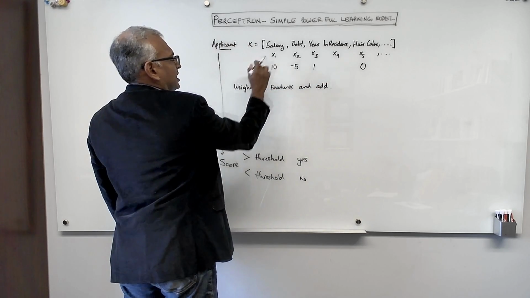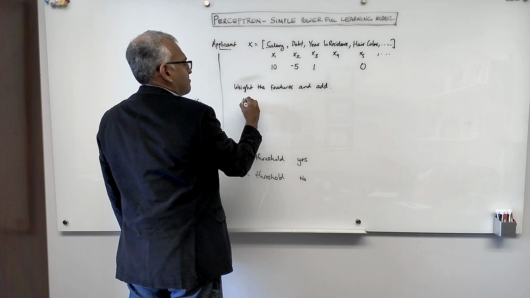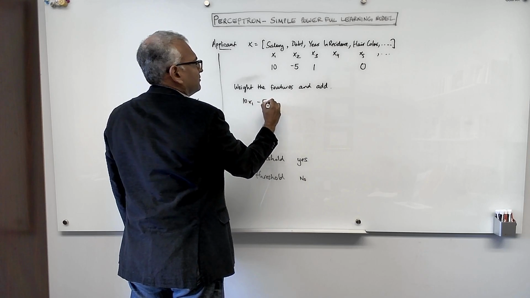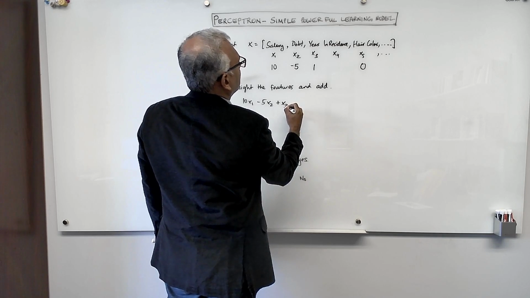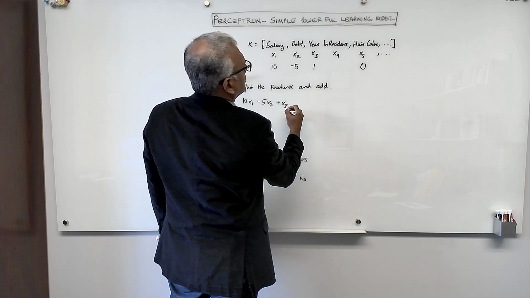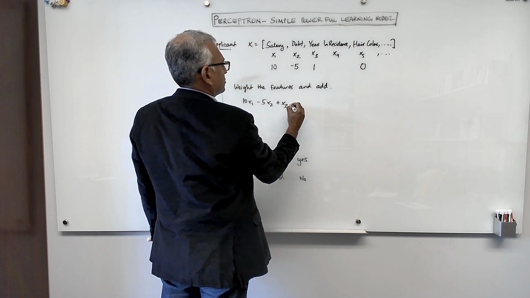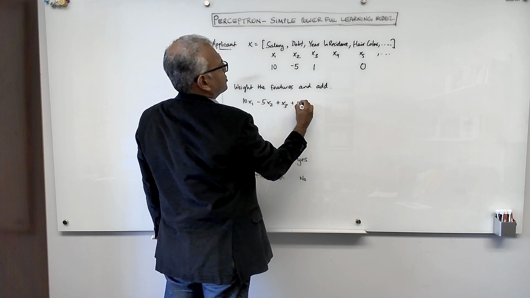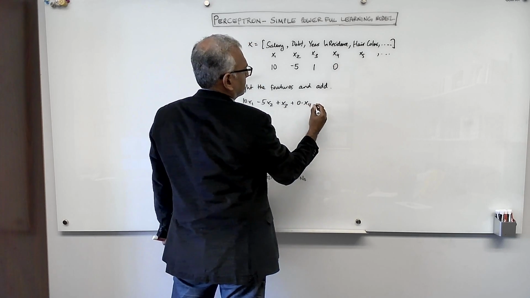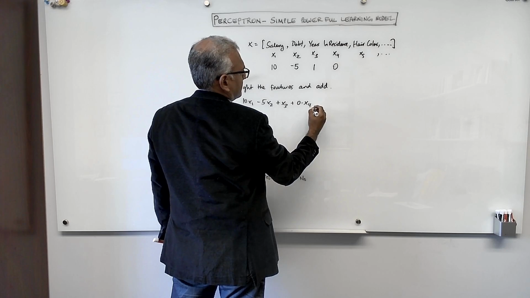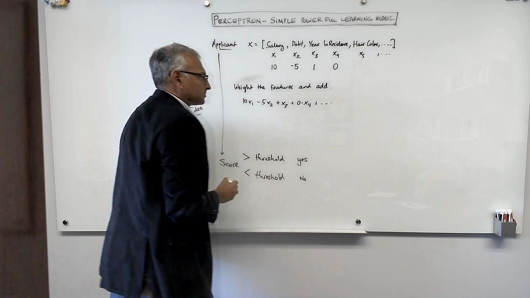Okay, so I'm going to get 10x1 minus 5x2 plus x3, and the hair color is x4, so plus 0 times x4, plus and so on.